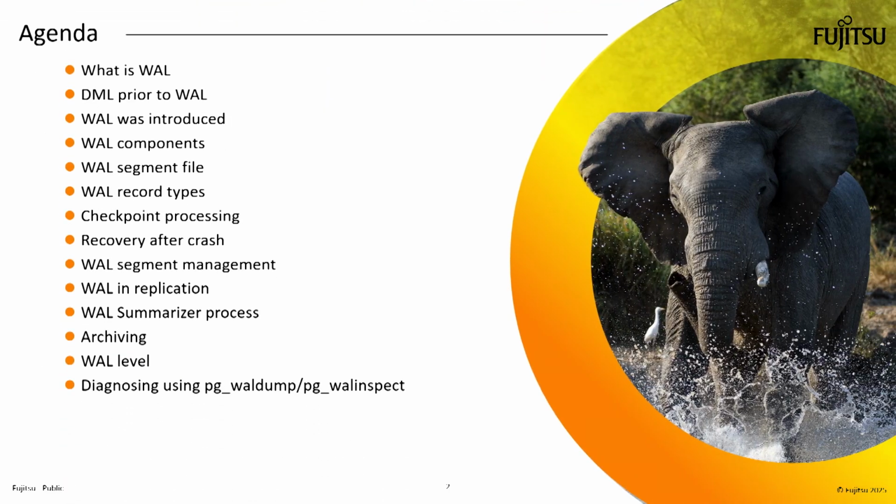The agenda for today is we will see what is WAL. I'll go back to PG7 version many years before, how DML operations were before WAL, then why WAL was introduced.